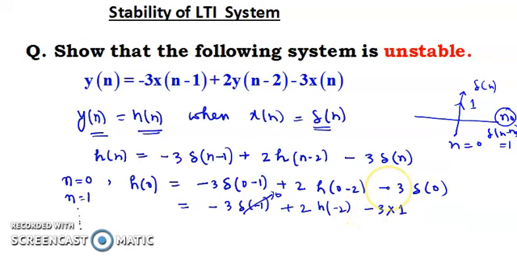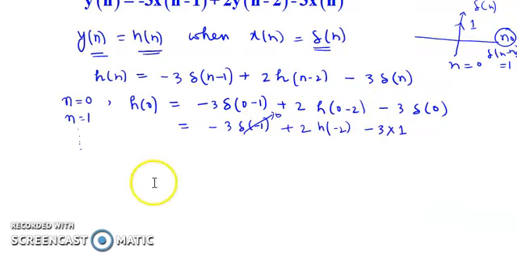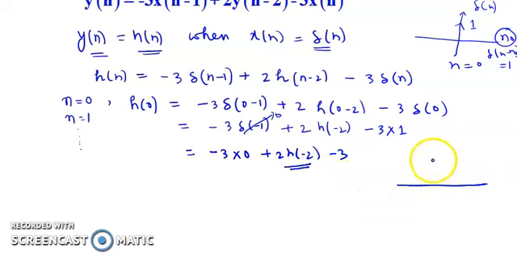So here we have to see these values: -3 delta[-1] equal to 0, plus 2 h[-2], minus 3. Now this h[-2] is not known to you, but we know that the given system is a causal system.